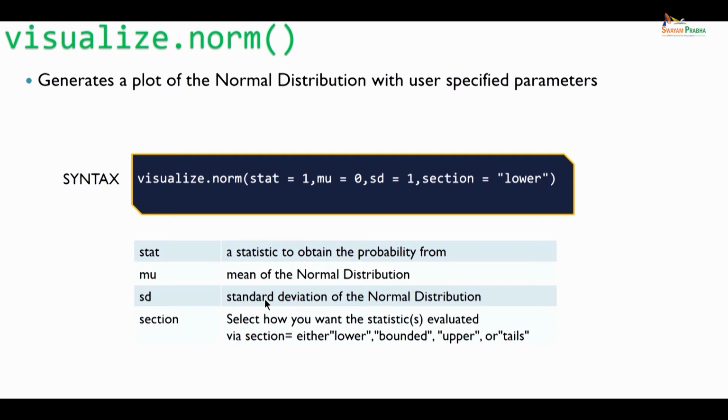The next is SD, which is nothing but the standard deviation of the normal distribution, and the default value is 1. Following that, we have a parameter called section, and it tells you how you want the statistic to be evaluated, whether it is lower tail, upper tail or a two-tailed. The default value for section is lower.